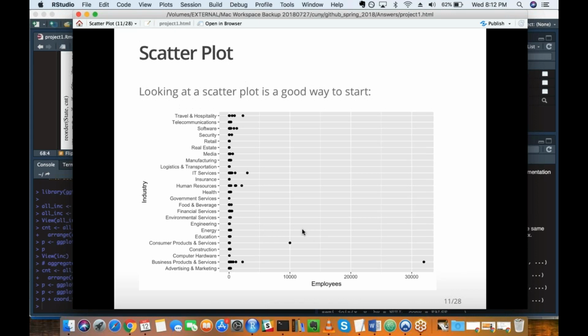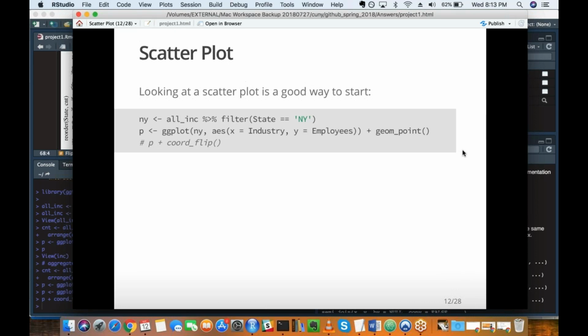We have two companies, one with 10,000 employees, one with over 30,000, that are really skewing what's happening. Looking at the scatter plot, we're really losing information about the distribution of companies because of these outliers. And you can see here, I'm just throwing that into a scatter plot. There was nothing special going on, just industry versus employees and geom_point.